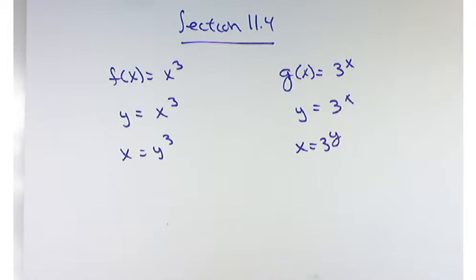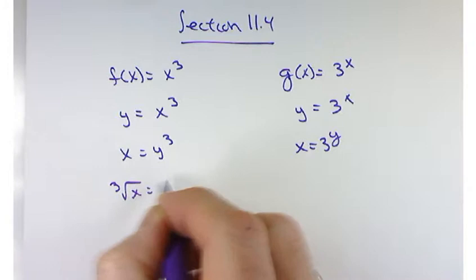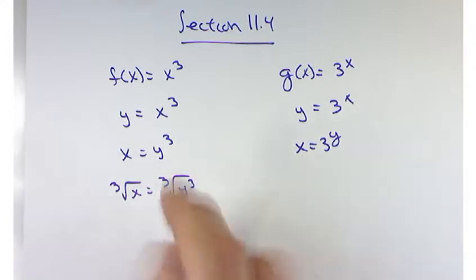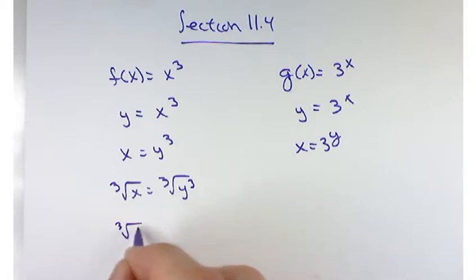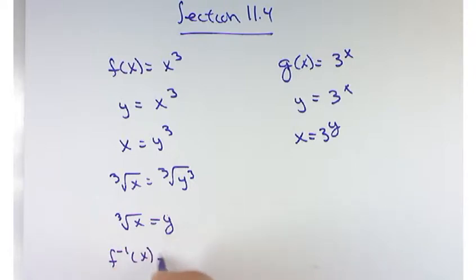What do we do to try and find that inverse? Yeah, cube root on both sides. So we're trying to get y by itself. So I'll take the cube root of both sides. And that's going to simplify to the cube root of x equals y. That's your inverse function. So we'll call that f negative 1 of x.